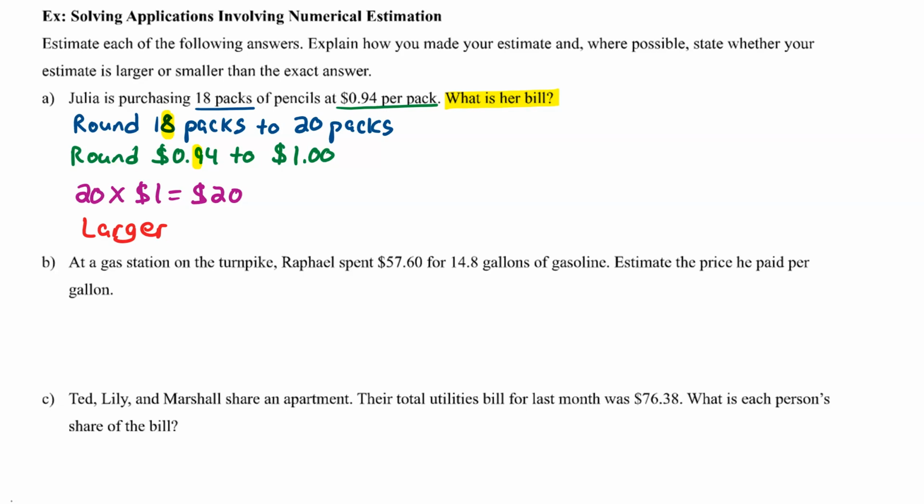Part B, at a gas station on the turnpike, Raphael spent $57.60 for 14.8 gallons of gas. Estimate the price he paid per gallon.